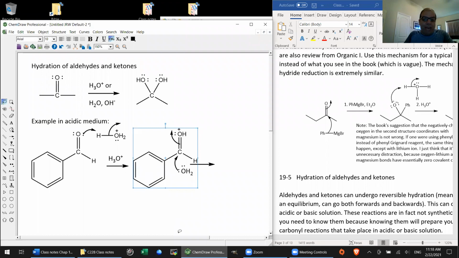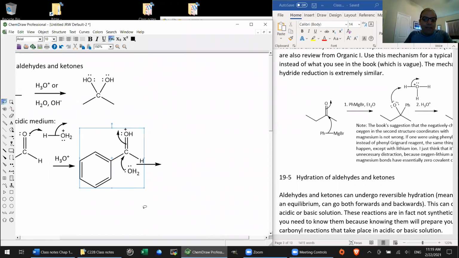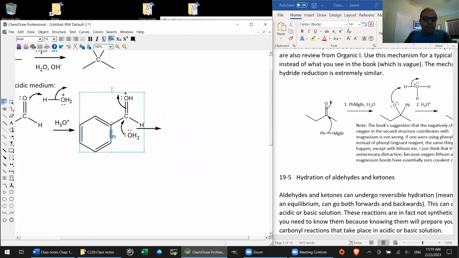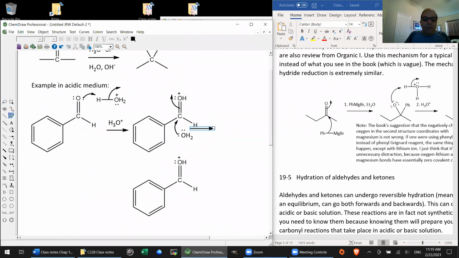Good, so with that, we get our tetrahedral intermediate. Actually, I think I'll do this so that we still have everything on screen. Now let's see.